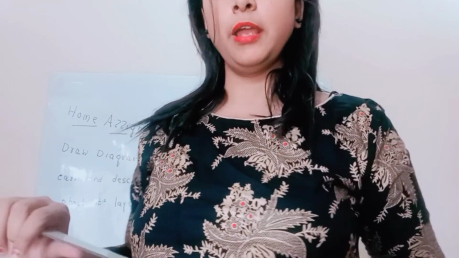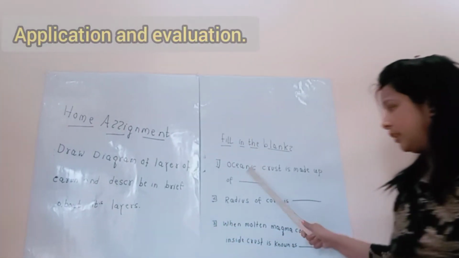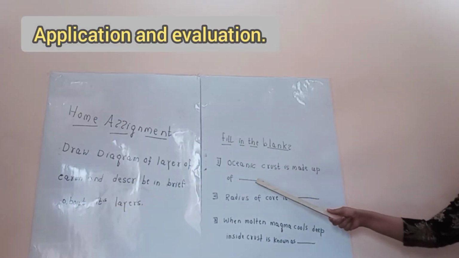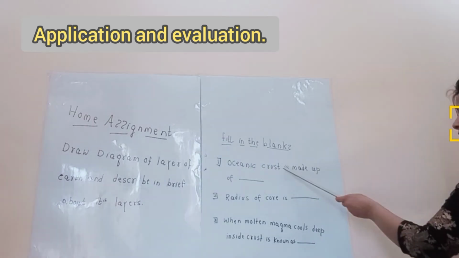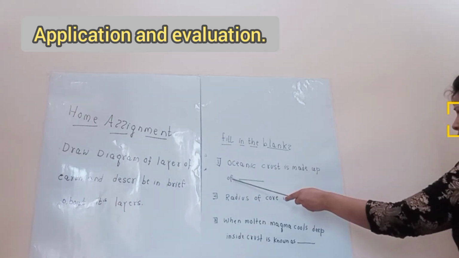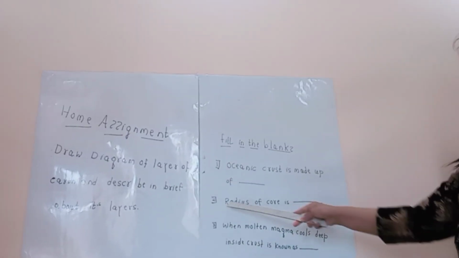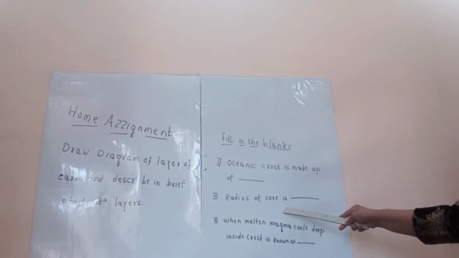If you have understood everything properly, I have written here some fill in the blanks and you have to answer all of these. Oceanic crust is made up of dash. Radius of core is dash.